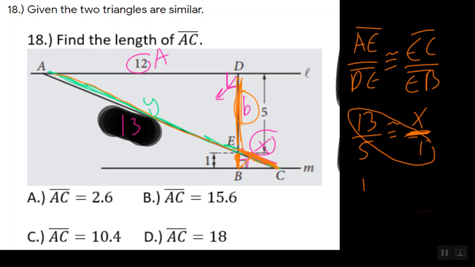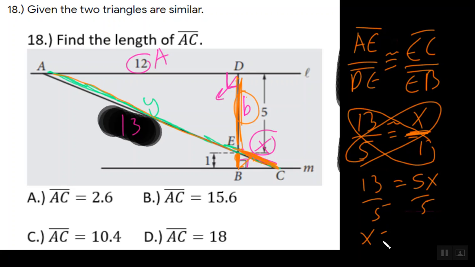We have 13 times 1, which is 13, and we have 5 times x, which is 5x. And now all we have to do to find x is simply divide both sides by 5. So x is equal to 13 divided by 5. I bet it's 2.6, but let's find out. Yep, it'll be 2.6.